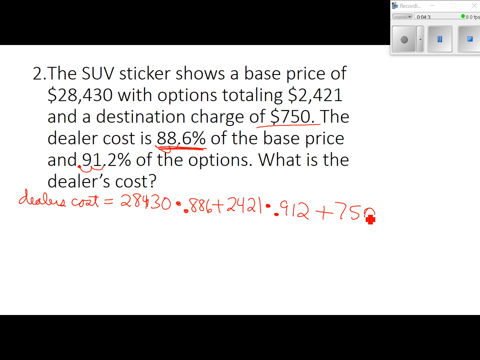So you write that out that way, and you can just plug it all right into your calculator just like it is right there, and it'll give you the dealer's cost.